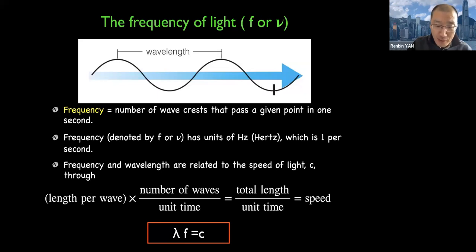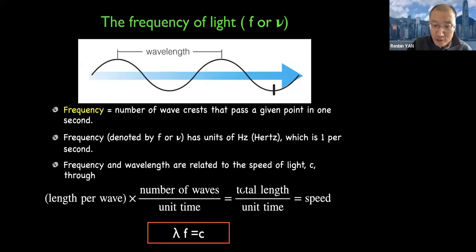You multiply the number of waves with the wavelength, which is the length per wave, and you get the total length traveled by the wave every second, per unit time. So wavelength times the number of waves gives you the total length traveled, and that number of waves is counted in a unit time.